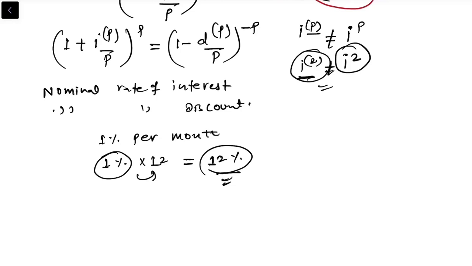For the general consumer it is always convenient to multiply by 12 and get the annual rate of 12%. So the nominal rate of interest is actually for the convenience of the general consumer. Nominal rate of interest is useless for calculations. We always convert nominal rate of interest into effective rate of interest or effective rate of discount for our calculations.